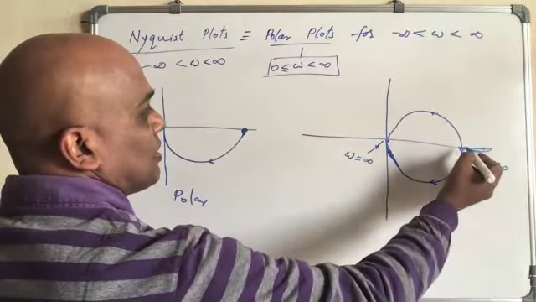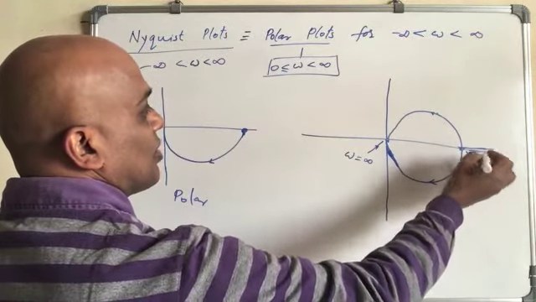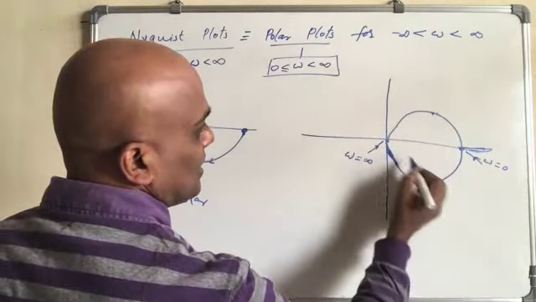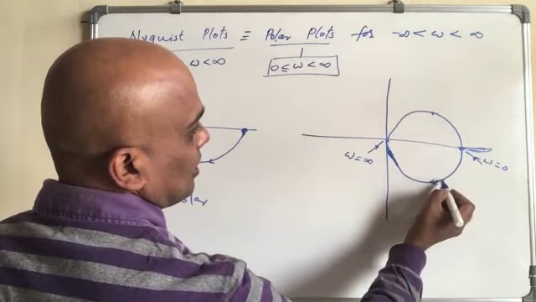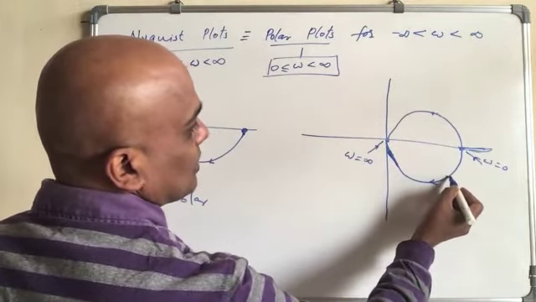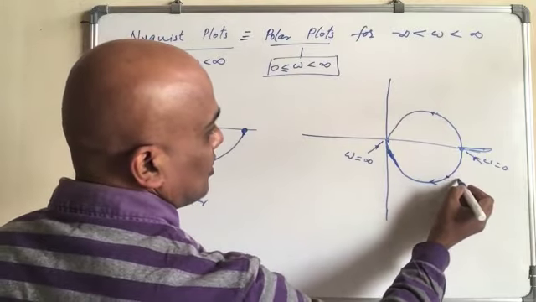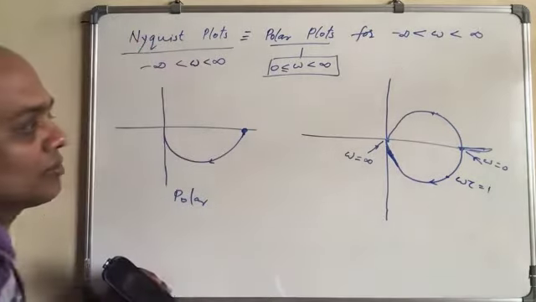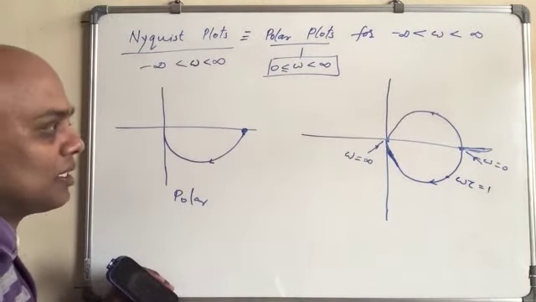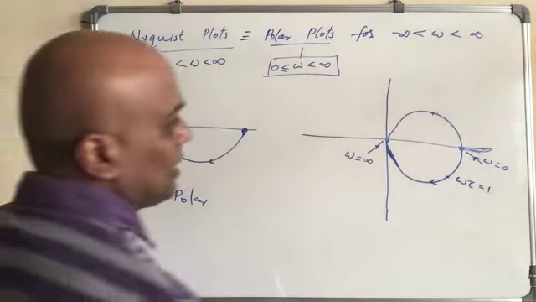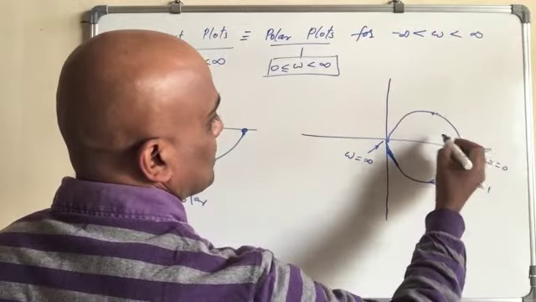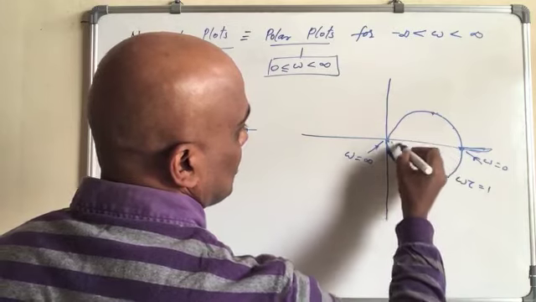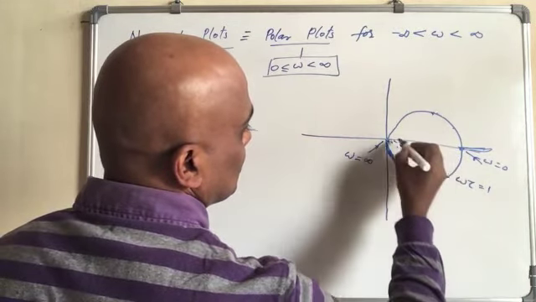Again, from here, the value, let us say somewhere here, was omega tau equal to 1, right? And similarly somewhere here you get 1 over root 2.